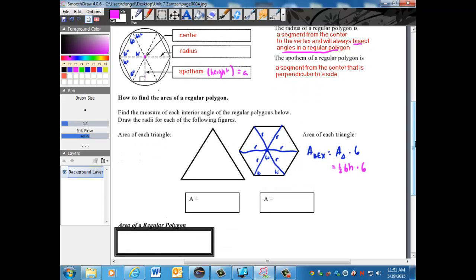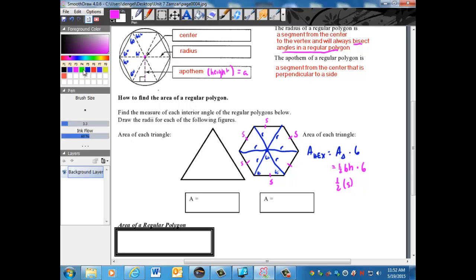Next, since all sides are the same, all these sides are the same, I could show this with an X or a B or an S, and I'm going to choose S, and S stands for side. Okay, so these are all the same sides. I'm going to have S go all the way around. Well, in finding the area of this triangle, we now have 1/2, and the base of this triangle is now S. Okay, it's not B anymore.